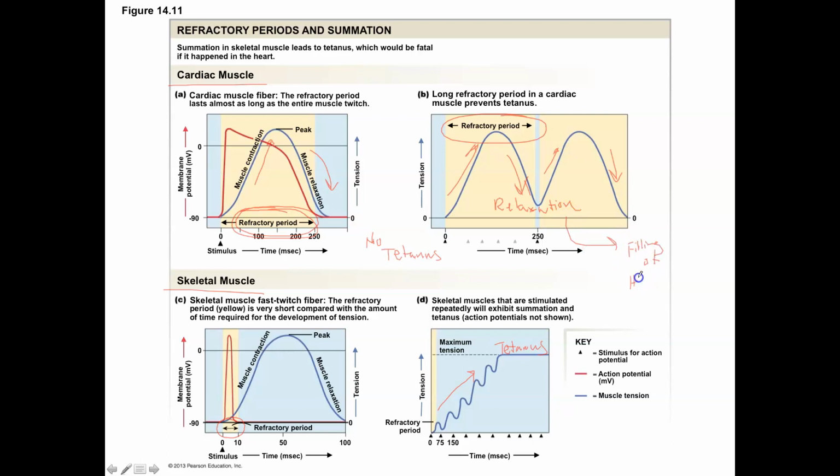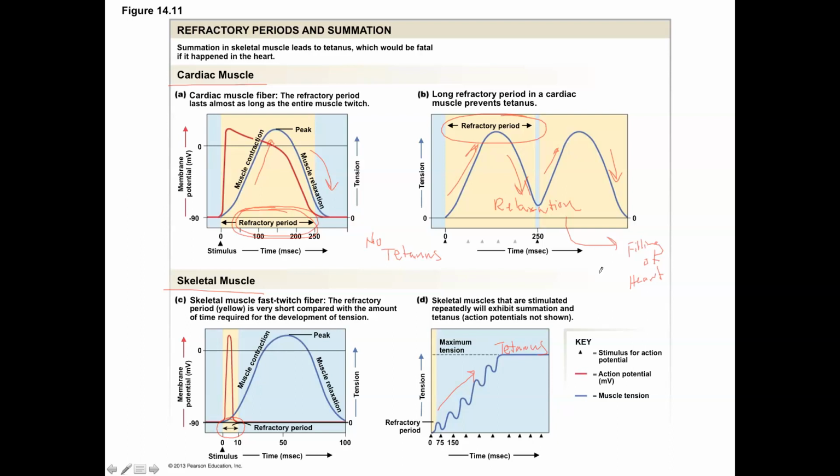Okay. So as cardiac muscle is allowed to relax, as the heart is allowed to relax, the pressure within the heart can drop, and then blood can return to the heart so that you can pump that blood out to the lungs and out to the body. So you need a refractory period in cardiac muscle in order for the heart to work and function effectively.